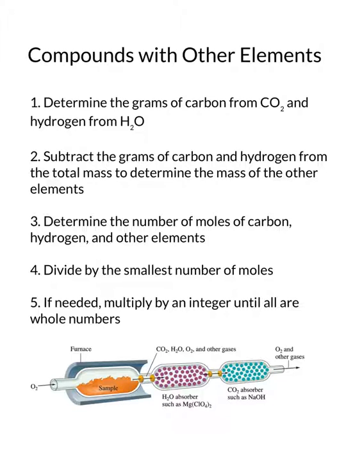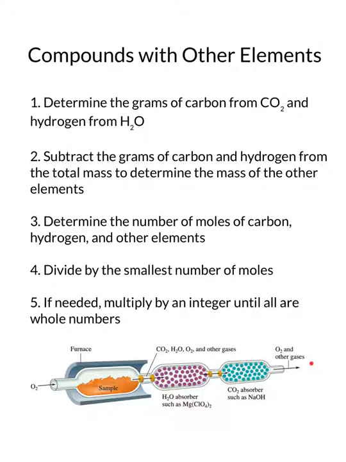Now, analyzing compounds with other elements ends up being more complex. We've added a step here, and the step we've added is number 2. Right? So right after we've determined the grams of carbon and hydrogen from our chambers 2 and 3, we're going to have to subtract those grams from the total mass to determine the mass of the other elements. I don't have a way of analyzing the other gases.